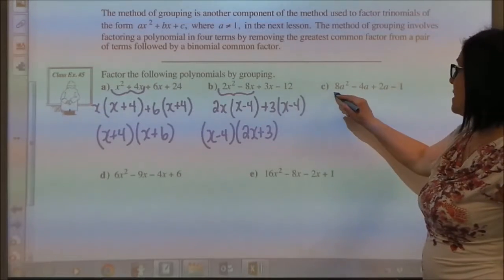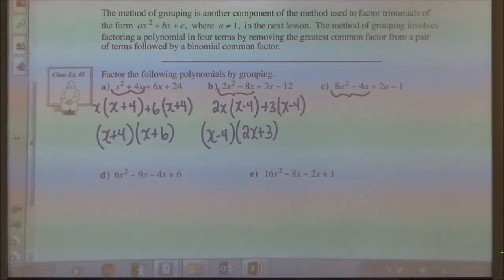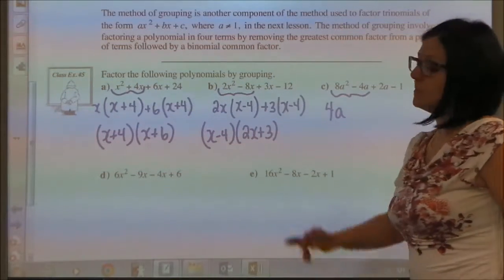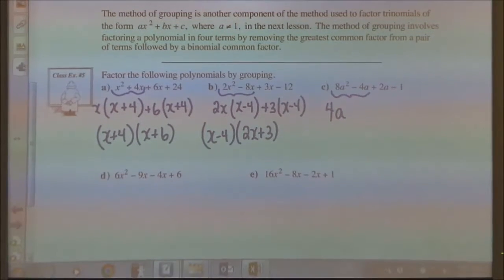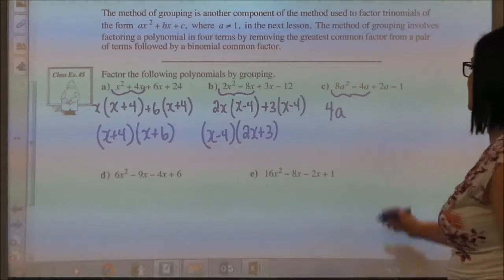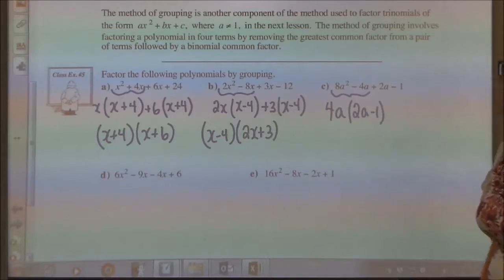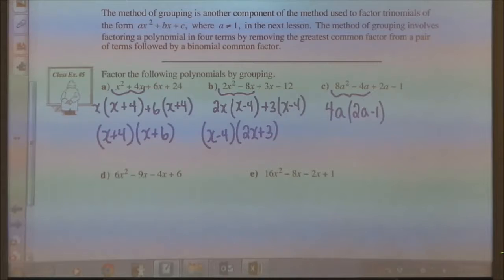If we look at C, 8x squared minus 4a has a 4a in common. So that's what we would factor. We can factor out a 4a, leaves me with a 2a and a minus 1. If I look at this term here, the 2a minus 1, it doesn't look like they have anything in common.